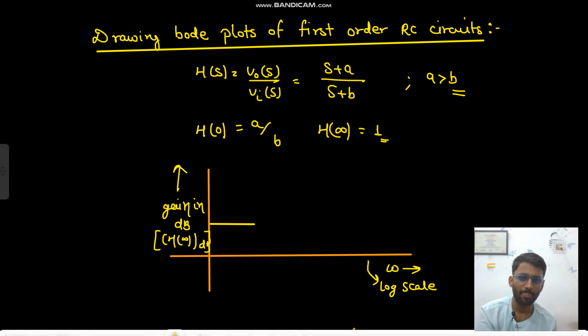This is 20 log of a by b. Then your a is greater than b, so first there is a pole occurring.